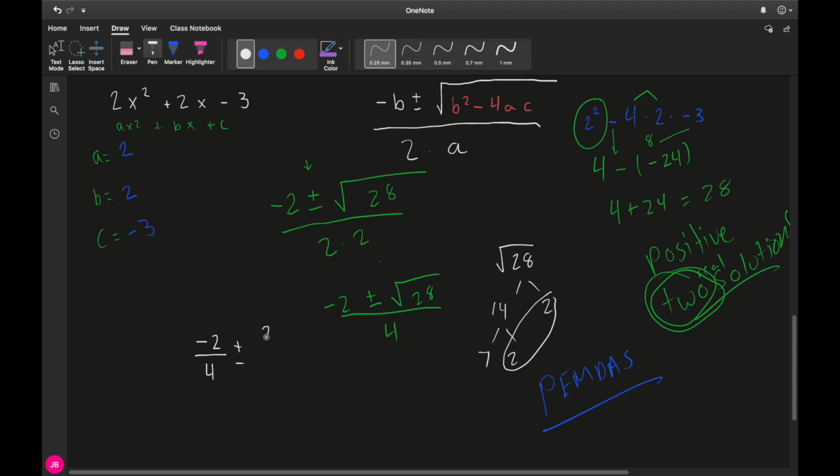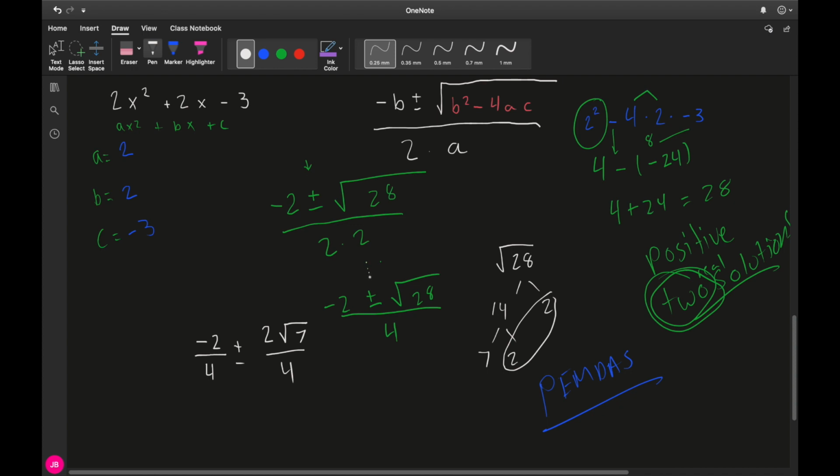So we're going to take out that 2, square root of 7 divided by 4. Now we're going to go ahead and simplify this. If you don't really know what I did right here, I just simplified this square root by finding the factors of 28.